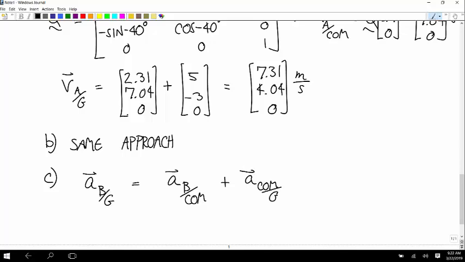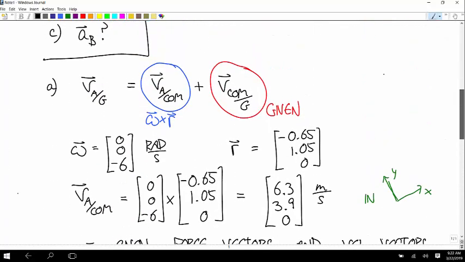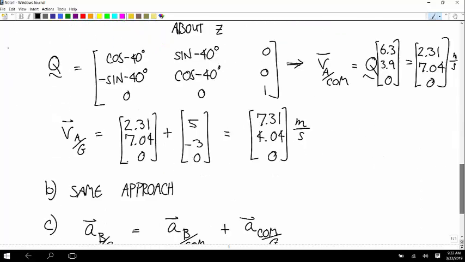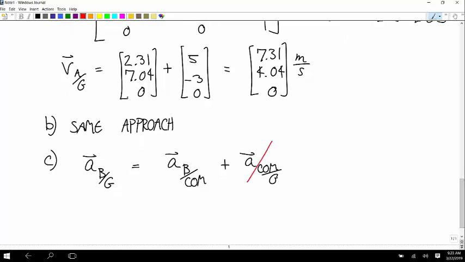And we have to think about it this way because there's no fixed point. But one of our assumptions is that the acceleration of the center of mass is 0. So this goes away, and all we have left is circular motion stuff. So the acceleration of the point B relative to the center of mass is alpha cross r plus omega cross quantity omega cross r, watermelon equation. And this is 0 because we're assuming that angular acceleration is 0.